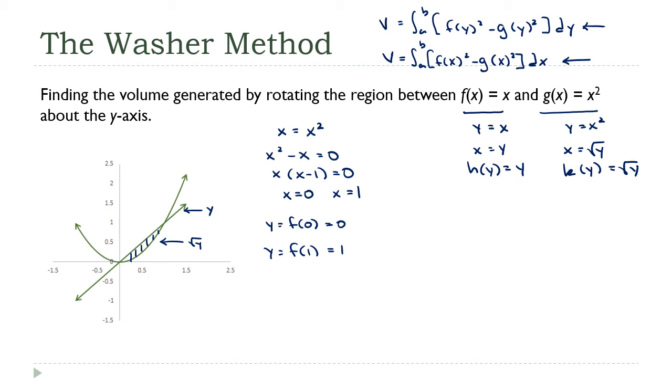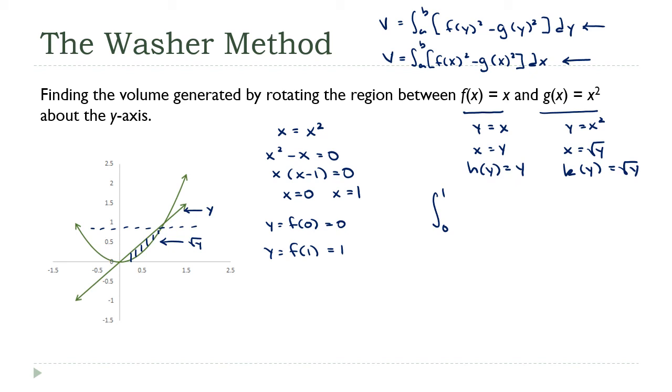So let's go ahead and do this. I'm going to integrate from 0 to 1. And again, just which one is bigger? When we're rotating around the x-axis, we're looking at which graph has the bigger y values, and that's the one that goes first. When we're rotating around the y-axis, we're taking a given cross-section here and asking which one has the greater x values.